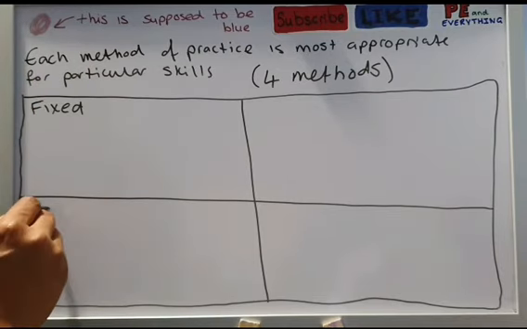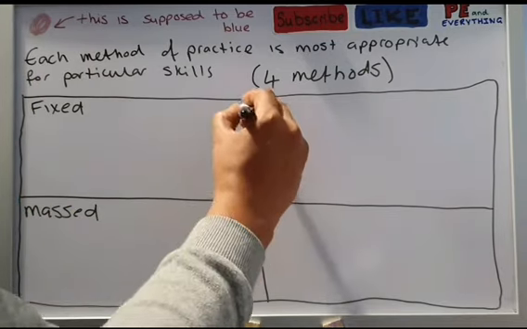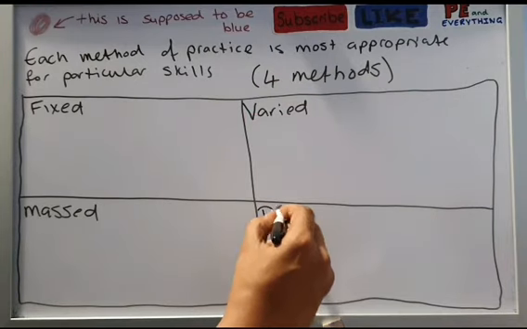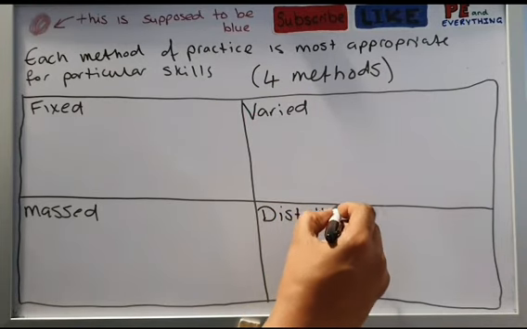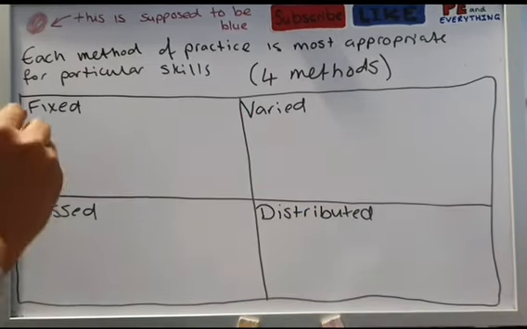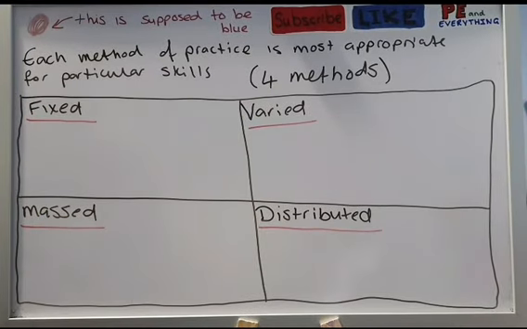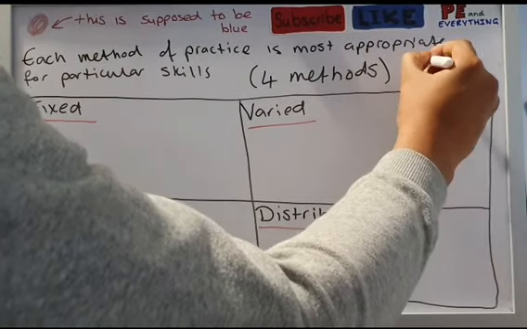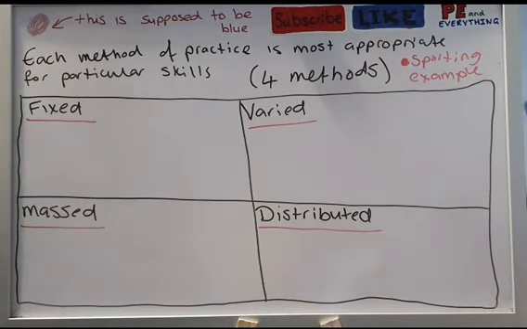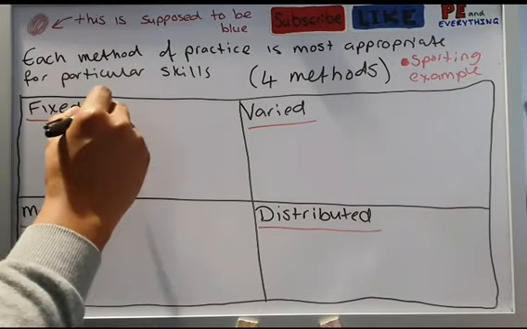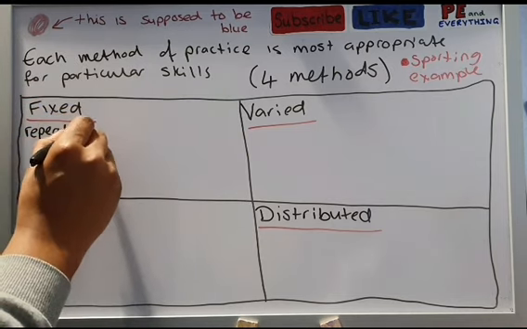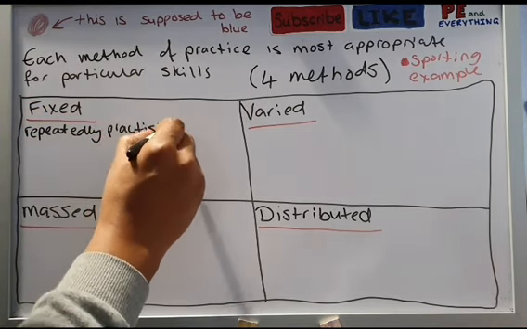Firstly, we have the fixed method, we have the massed method, we have varied, and we have the distributed method of practice. If we use our red pen for this one for our sporting examples for each, perfect. So we go straight into our fixed method: repeatedly practicing the whole skill.